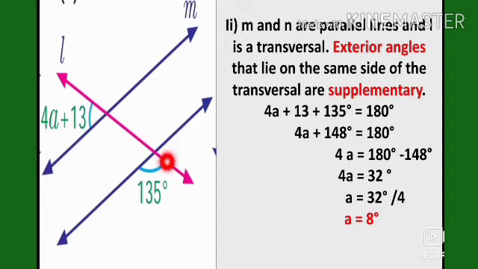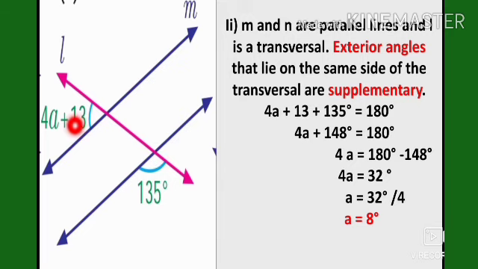Here the second one, M and N are two parallel lines and L is the transversal of these two lines, and 4A plus 13 and 135 degrees. So they lie in the exterior, and also on the same side of the transversal.